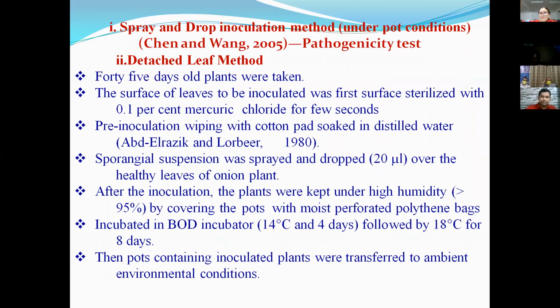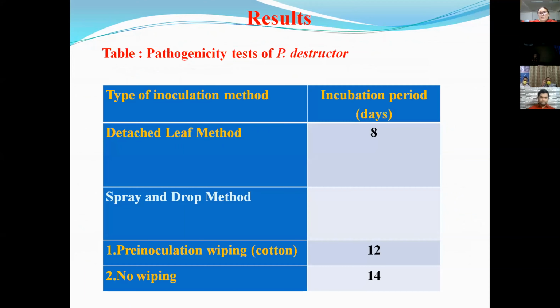And we have studied the pathogenicity test with two different methods: spray and drop inoculation, and wiping off with cotton and distilled water. Thereafter, the detached leaf method we have tried under laboratory conditions developed more symptoms earlier, within 8 days, whereas wiping with the cotton swab, and then non-swabbing, developed the symptoms a little later.